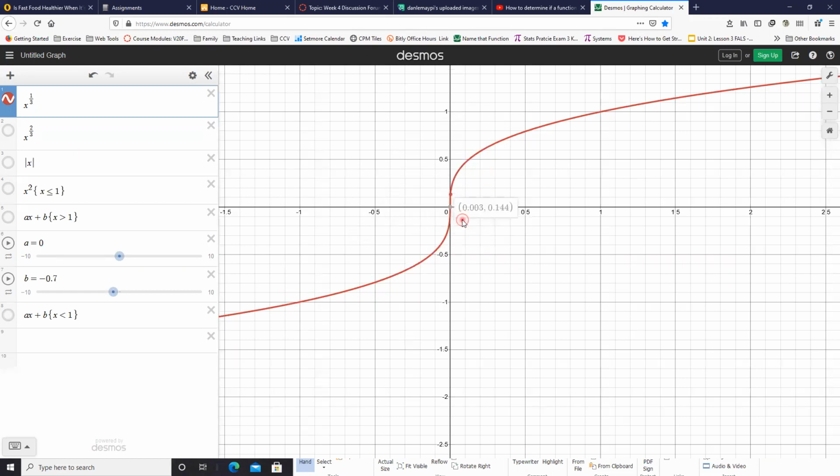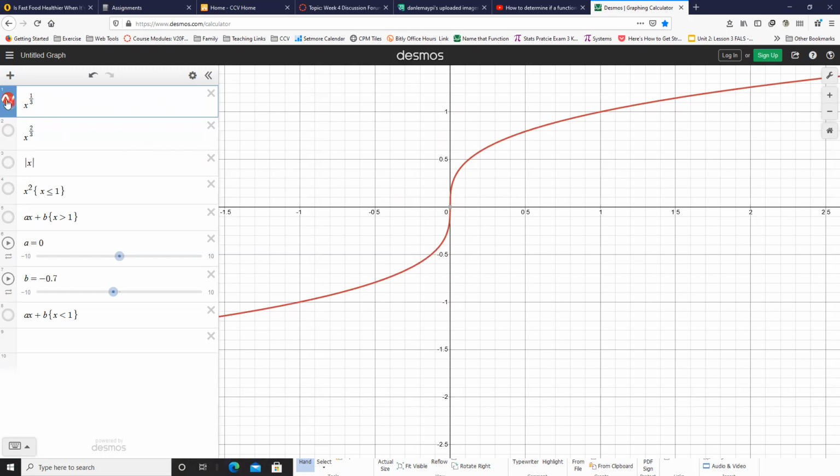As I get closer and closer to x equals 0, that tangent line becomes a vertical line. So this is a vertical tangent. A vertical line has an infinite slope, so the derivative doesn't exist because it's an infinite number.